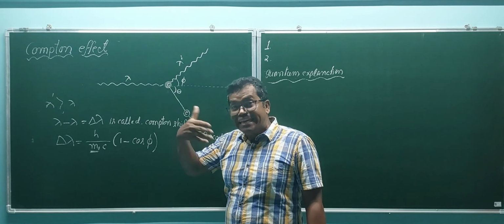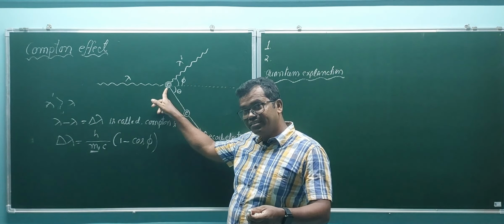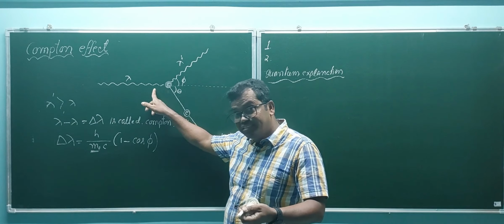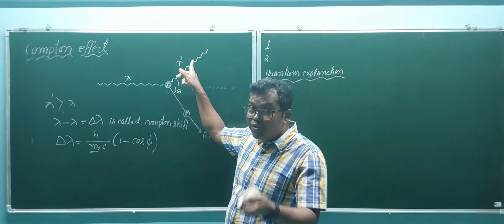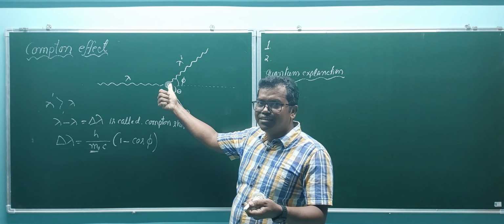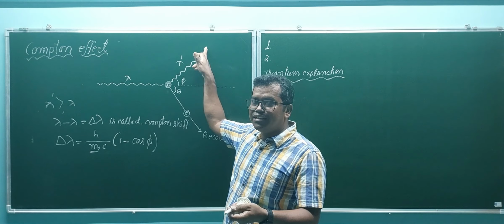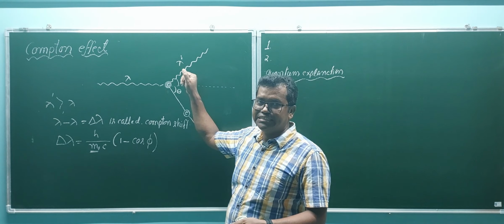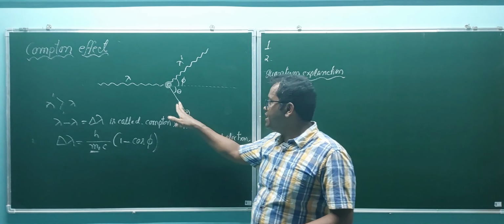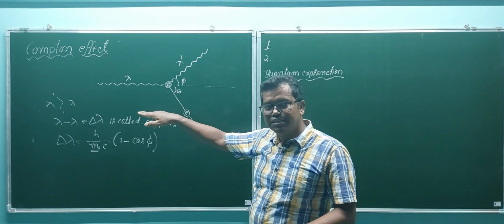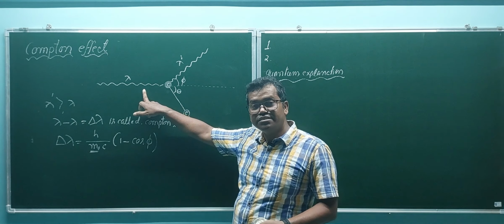Photon transfers energy and momentum to the electron. Definitely, the scattered photon should have lower energy because energy is transferred. Lower energy means longer wavelength. And the recoil electron gains energy from the photon. And this is only possible with particle characteristics of radiation.